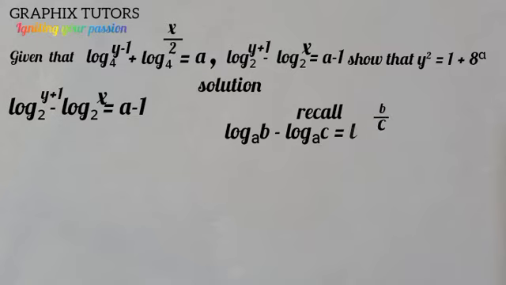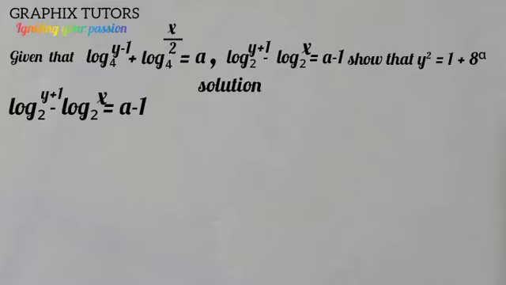So meaning that when you have two logarithms that are subtracting each other, you're going to divide them, just like what I did here. So if I now implement it in the expression above, this will give me log (y plus 1) divided by x to base 2 is equal to a minus 1.